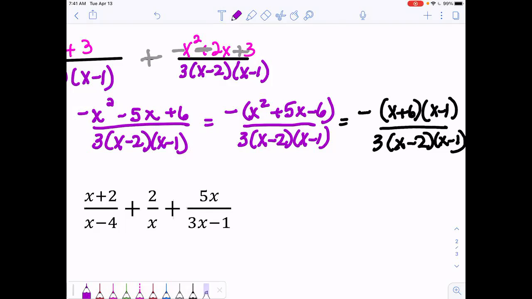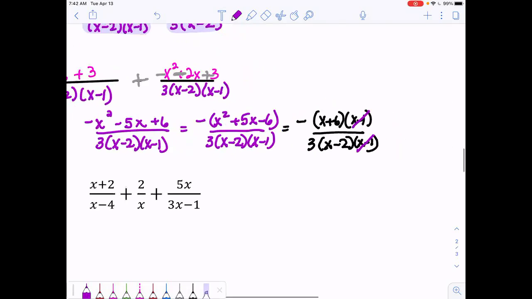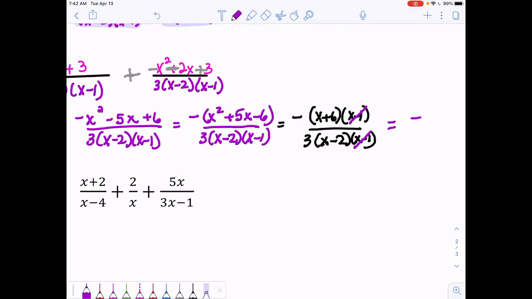Exactly. So the numerator is factorable. Once you factor, the x minus 1 cancels. And then again, leave the negative outside. Keep the x plus 6 inside. You already pulled out the negative. Don't distribute it back through. Leave the 3 outside. Keep the x minus 2 inside.